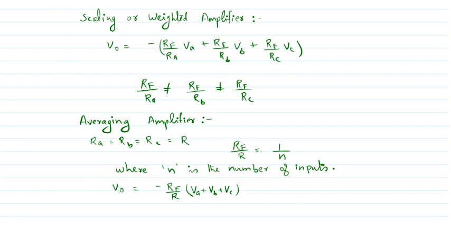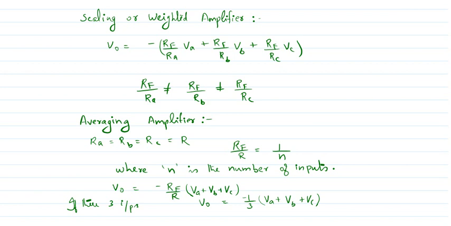If there are 3 inputs, we can write V0 equal to minus 1 by 3 (VA plus VB plus VC).